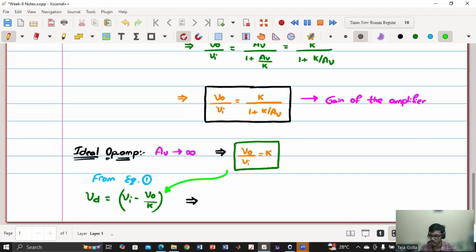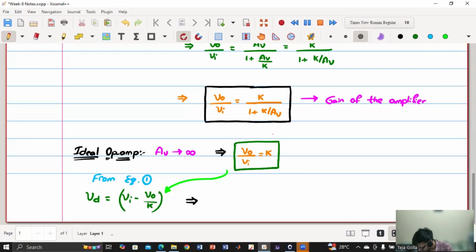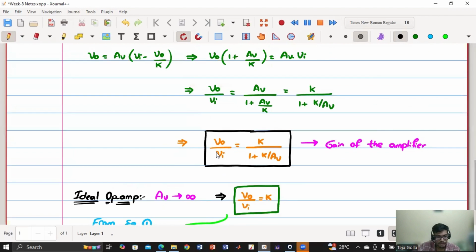Anyone? 0. Yes, Roshan Ghosh, you are right. So we'll get Vd equals 0, right? So this is what we are going to get, which means what do we mean by Vd equals 0?